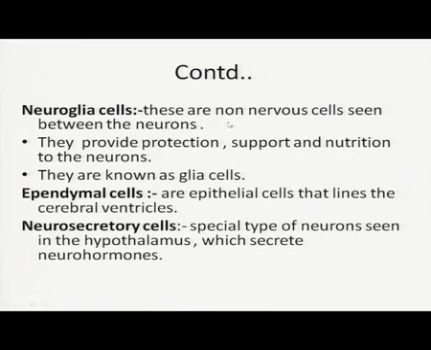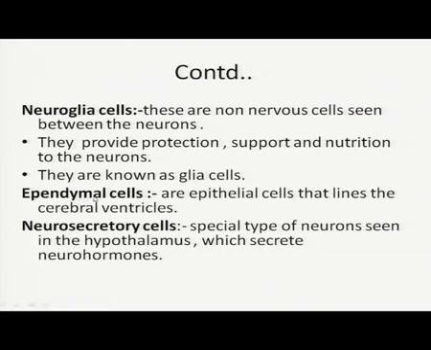For what purpose are they seen in between the neurons? What is their significance? They are meant for protection. Similarly, they give mechanical support, and they provide nutrition to the neurons. And they are commonly known as glia cells.